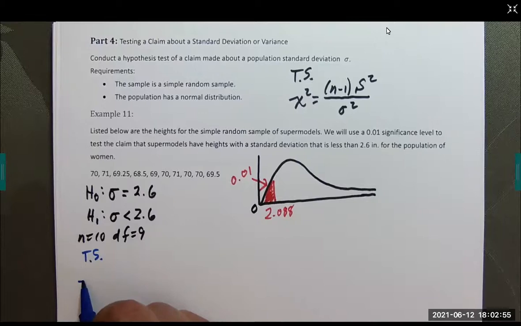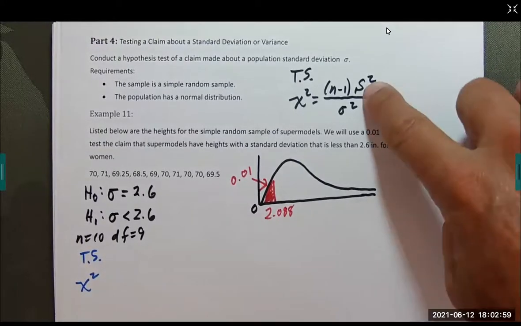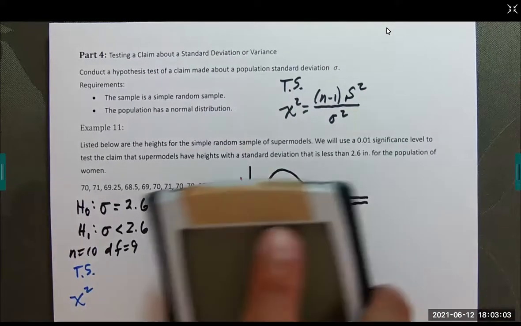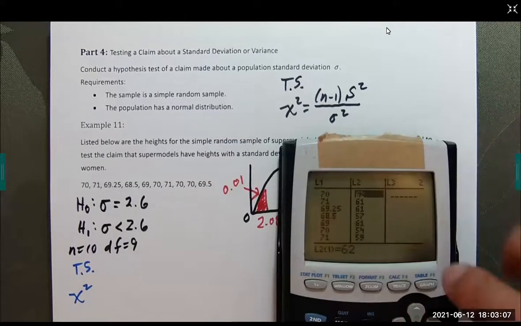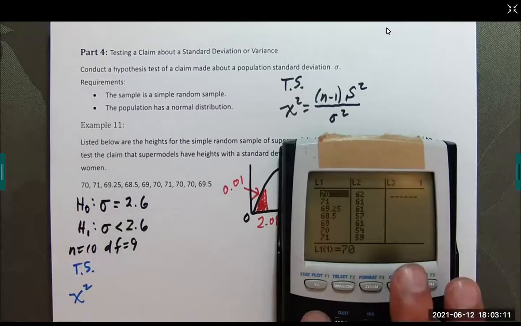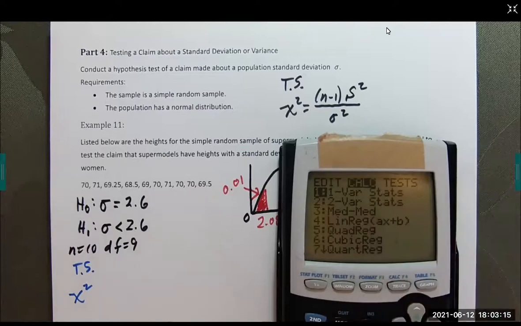So we have chi-squared. And here's the thing: we don't have our standard deviation. So we're going to go back. As I said, I put mine into list 1 here. There's the 70 and the 71 and so on. I'm going to run stat, one variable statistics on list 1.